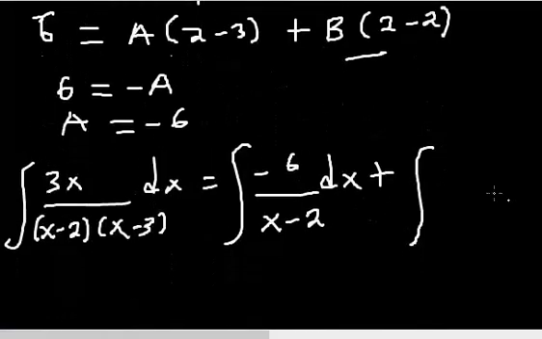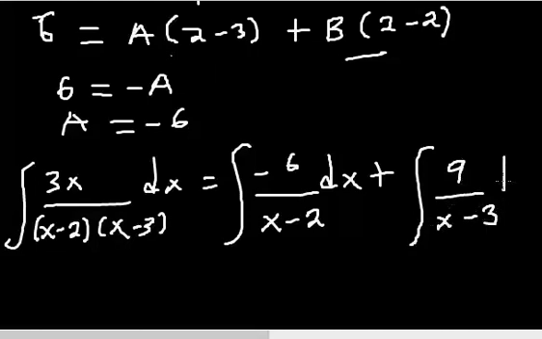The other is 9, right? That's going to be 9 divided by x minus 3 with respect to x.